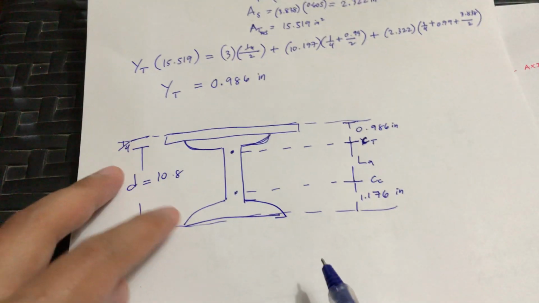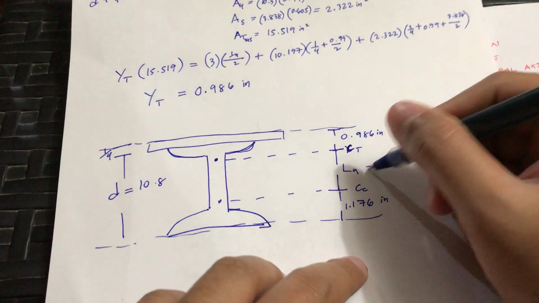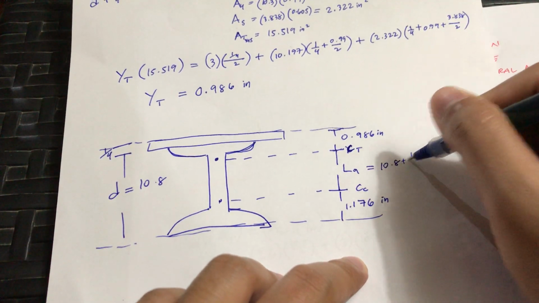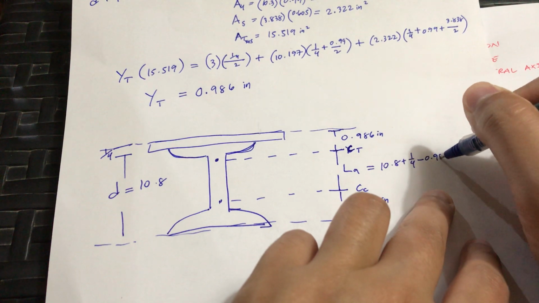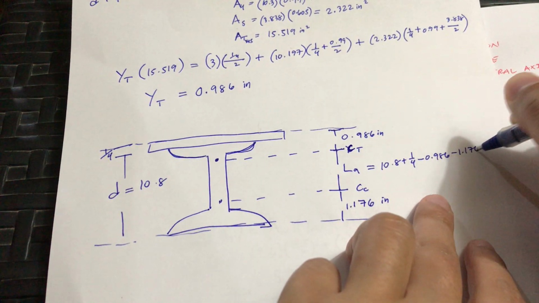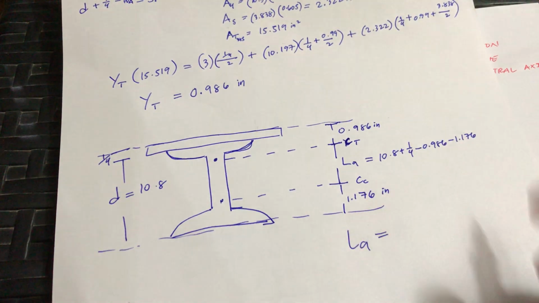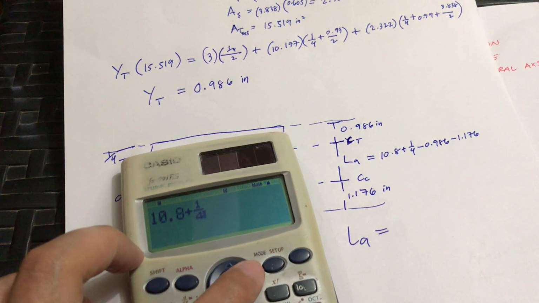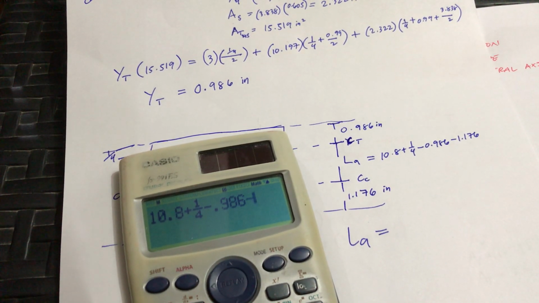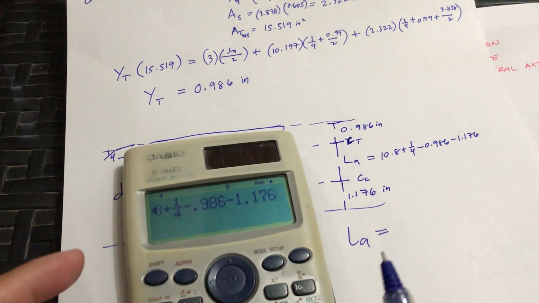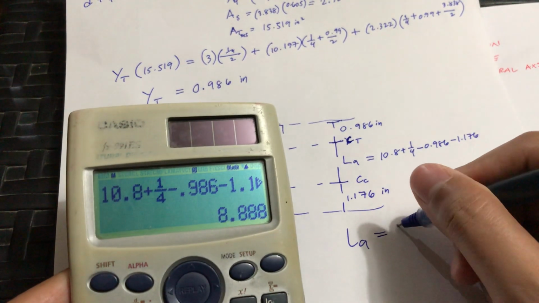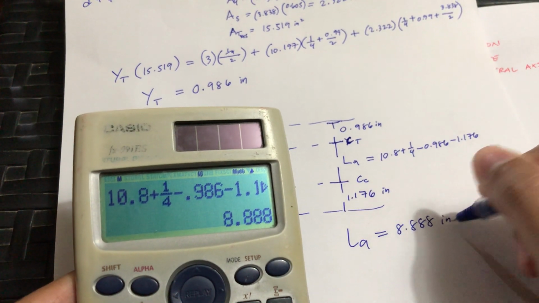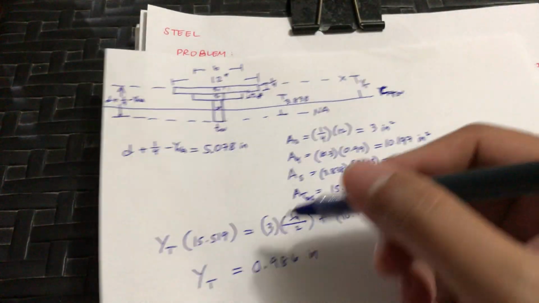So LA should be 10.8 plus 1/4 minus 0.986 minus 1.176. So we now have 8.888 inches.